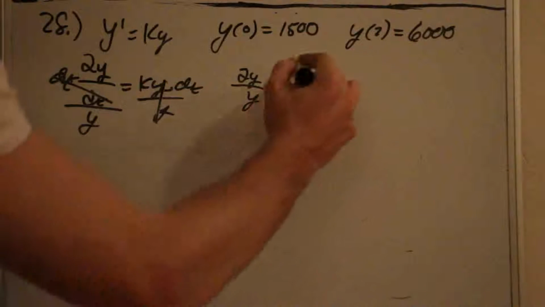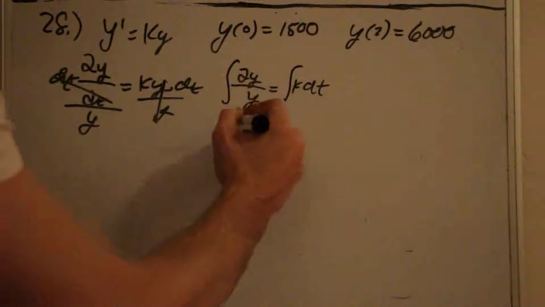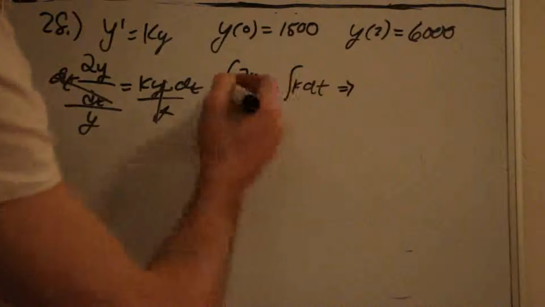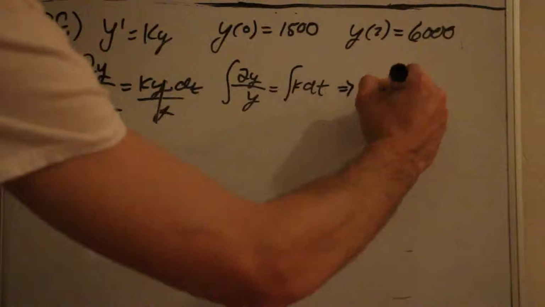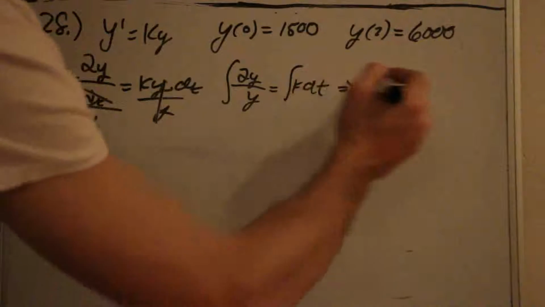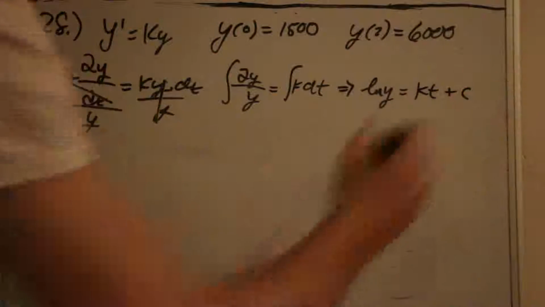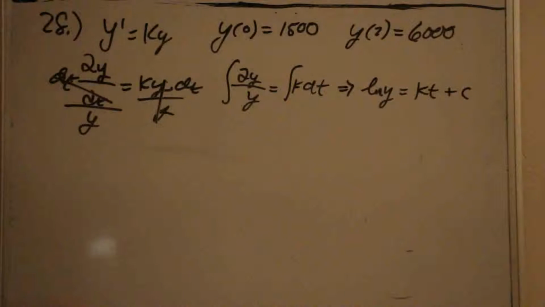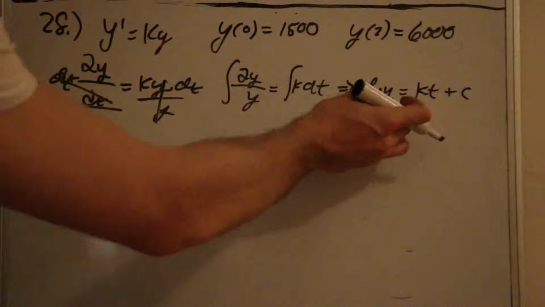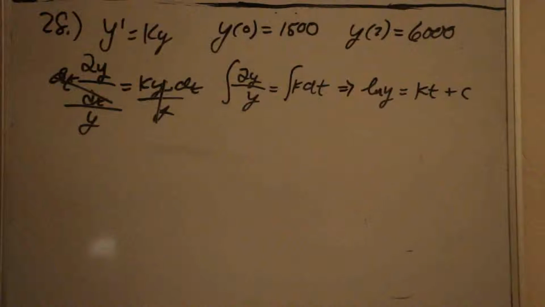Now to solve for this, we take the integral of both sides. This becomes ln of y equals kt plus c, because it's an indefinite integral. Now you might be asking, why don't I put the c on this side? Well, I could, it would just make my life a lot harder because of this next step.